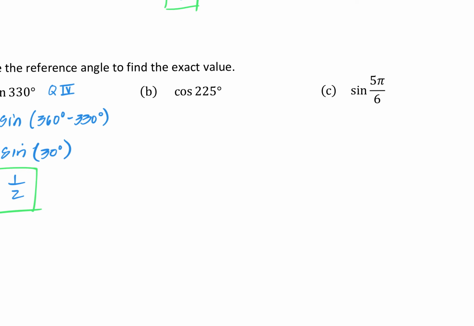Cosine of 225. When I look at 225, that should be in quadrant 3 because that's between 180 and 270. In quadrant 3, cosine is negative. So this is going to be negative cosine of my reference angle. In quadrant 3, it would be 225 minus 180.